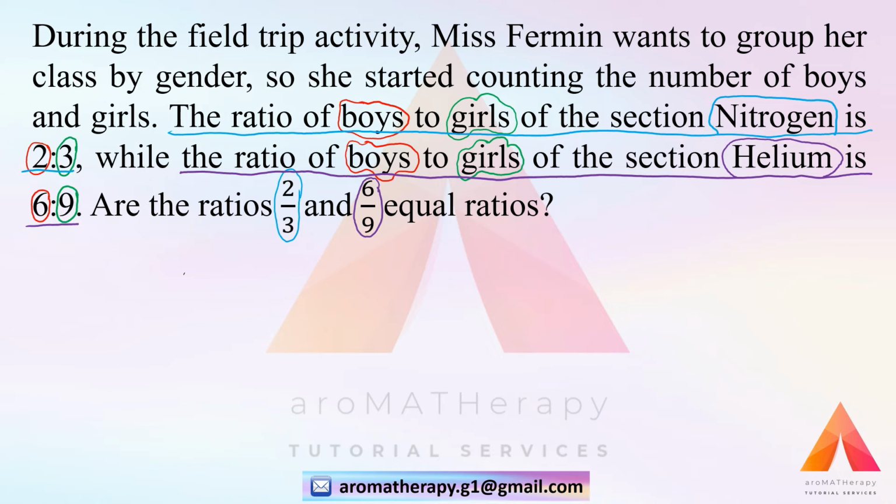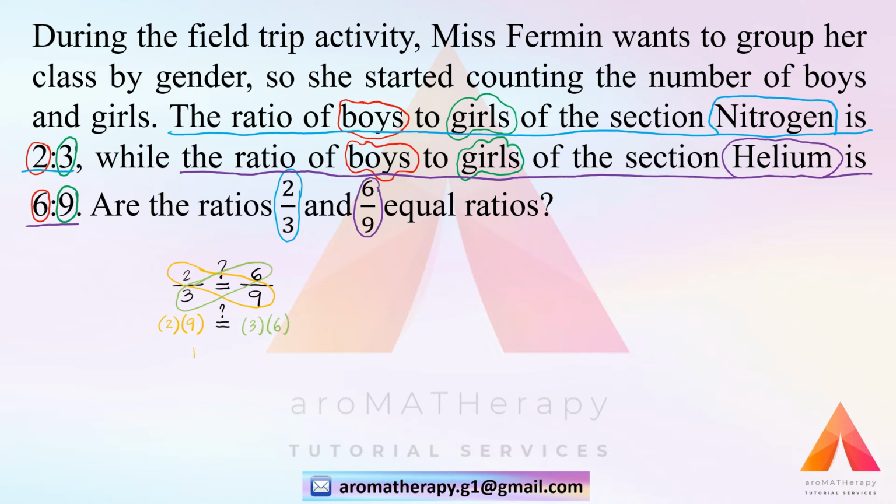To answer this question, we need to equate 2/3 and 6/9. So here, let's cross multiply 2 and 9. So 2 times 9 is equal to, what is the product of 3 and 6? 3 times 6.